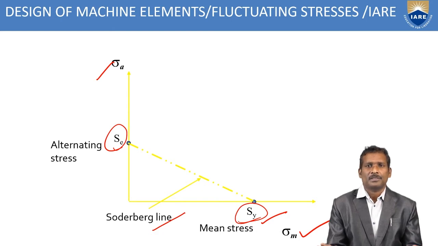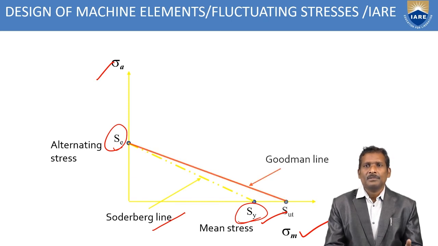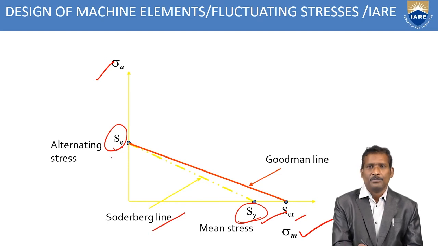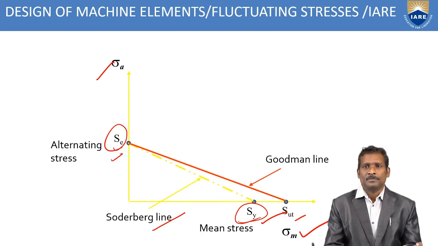What are the fluctuating stresses? Mean stress and variable stress, and one relation is there, I will show you. The second one is the Goodman line. The Goodman line is used for brittle materials. Here a straight line is drawn between the ultimate stress and the maximum limit, that is the endurance limit value.